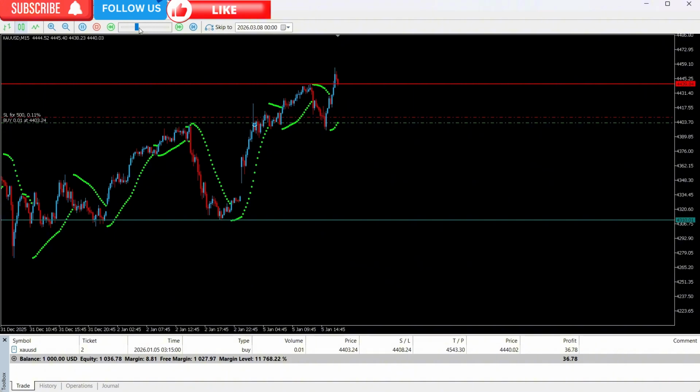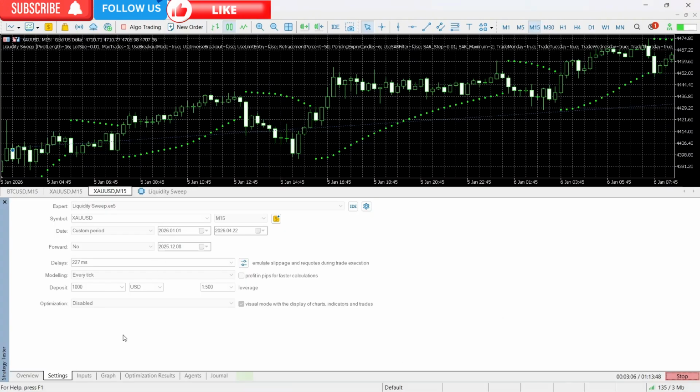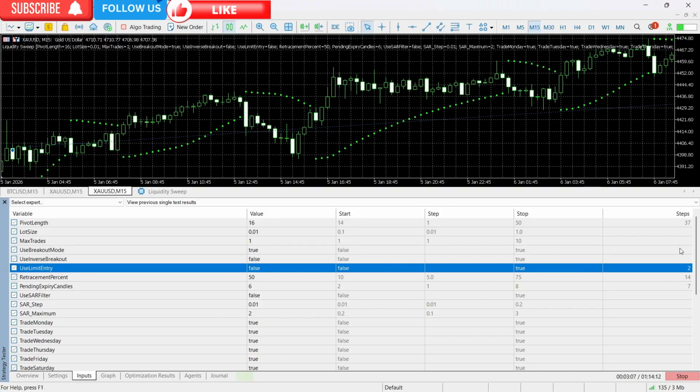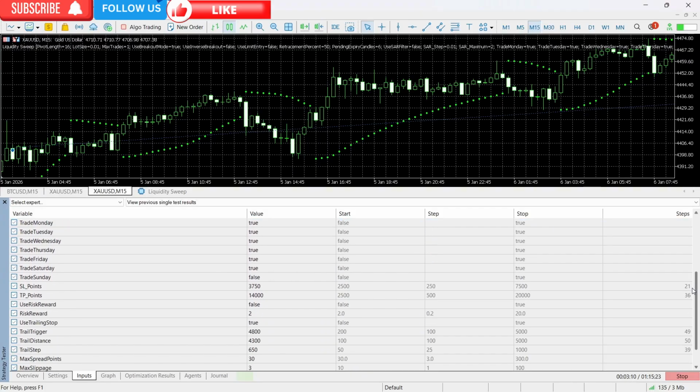Now how the trailing stop works is, I'll just take you back to the settings here quickly. So here are the trailing stop settings over here. We look at this, it's got a trailing stop set to true. Now the trailing stop will trigger at 4,800 points in profit.